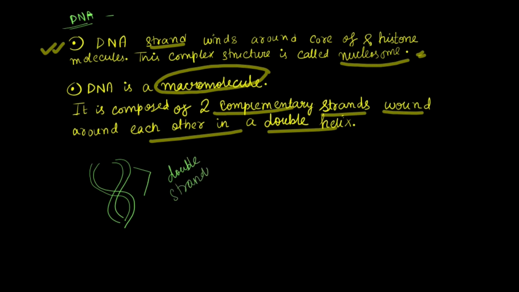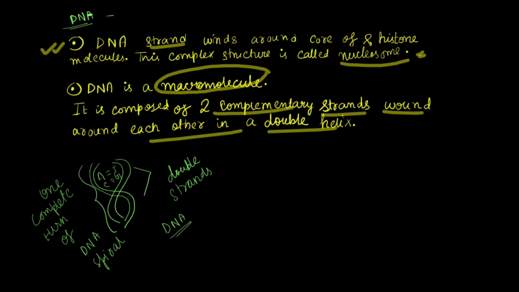And this is one complete turn of DNA spiral. In between these are present nitrogenous bases, which we'll be doing. This is the structure of DNA. This structure was given by Watson and Crick.